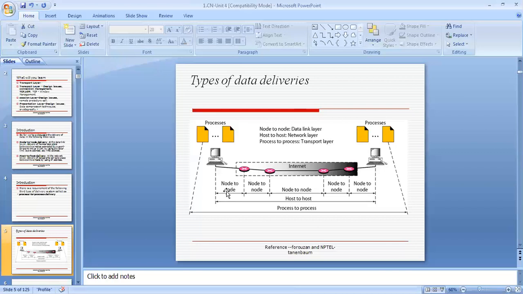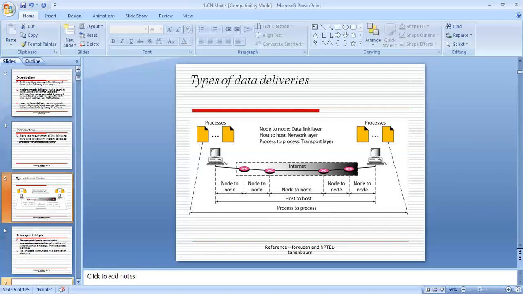Then when that packet is received at the receiver end, we represent this as host to host. And when we consider the packet from source machine to destination machine, we call it process to process communication. At the transport layer, the data unit is called a TPDU, transport protocol data unit.